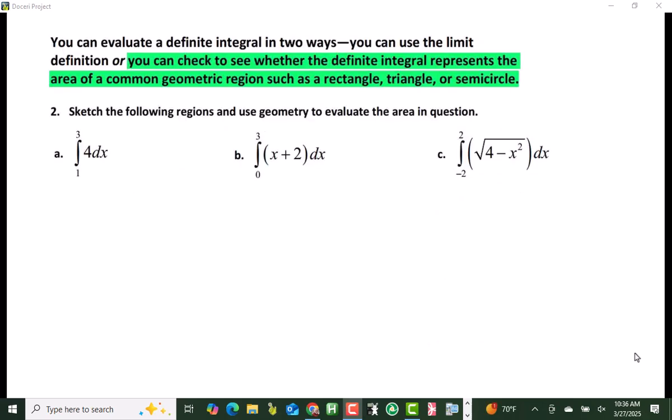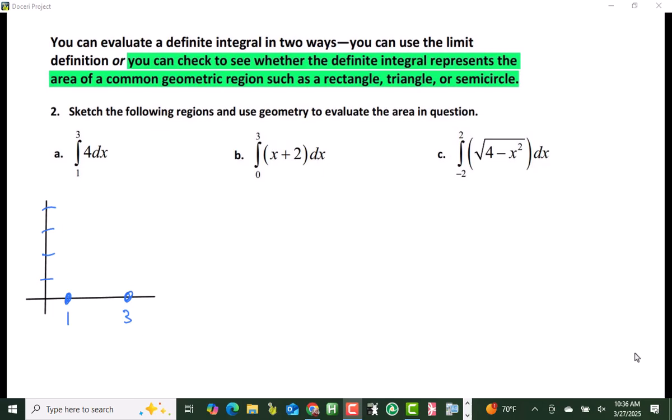Okay, this page is saying something we already figured out a minute ago. You don't always have to use calculus unless it tells you to. Some of these you can solve geometrically. Look at A. If I sketch that drawing, I'm going from 1 to 3. There's my base.